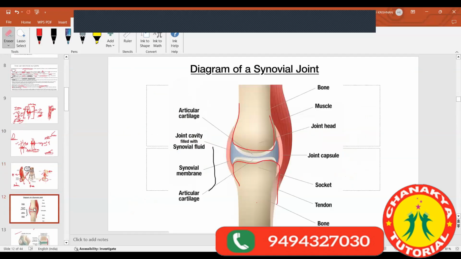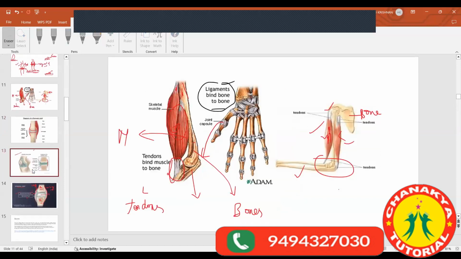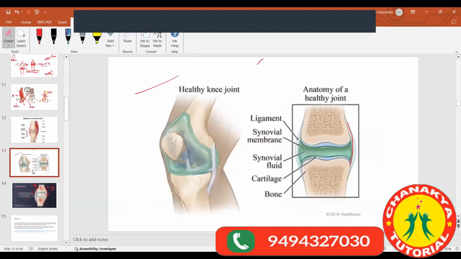That's an ankle. Ankle means foot or hand? No, ankle. Wait. Ankle joint. I'll show you the picture. The ankle is something in the leg, right? That is the ankle.